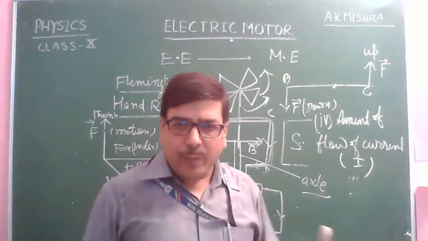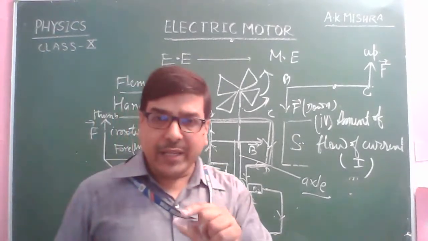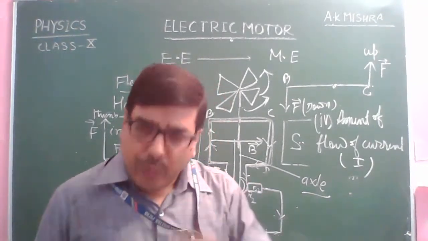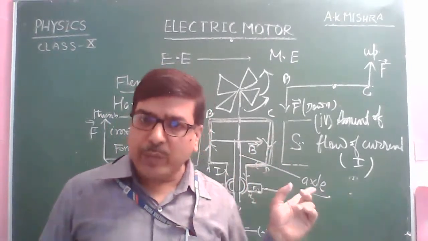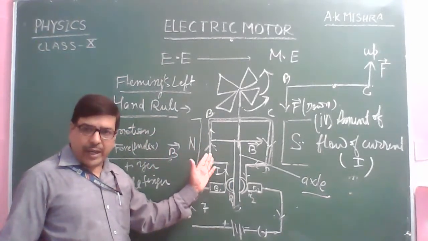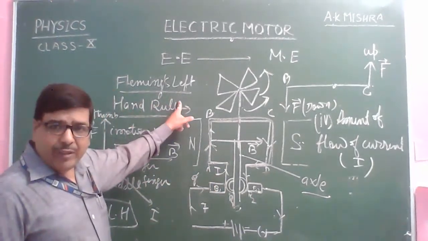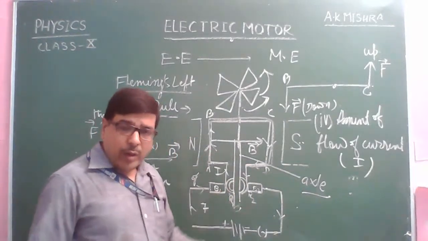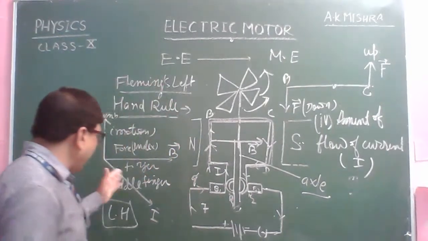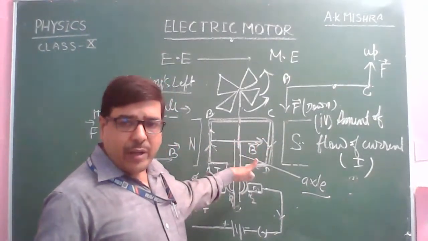So the principle is: a current carrying conductor placed in a magnetic field experiences a force, and the direction of the force acting on the conductor is determined by Fleming's left hand rule. Very important rule.